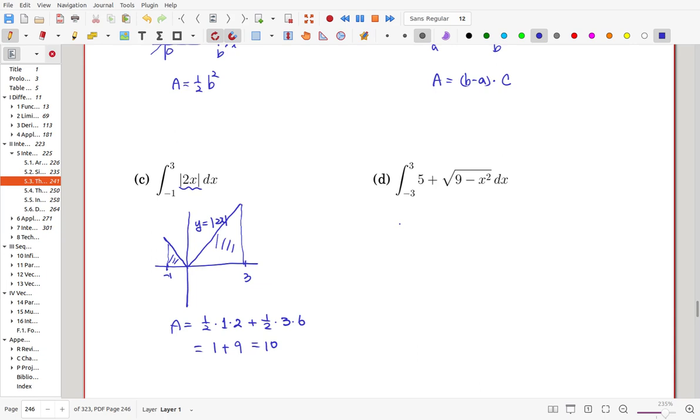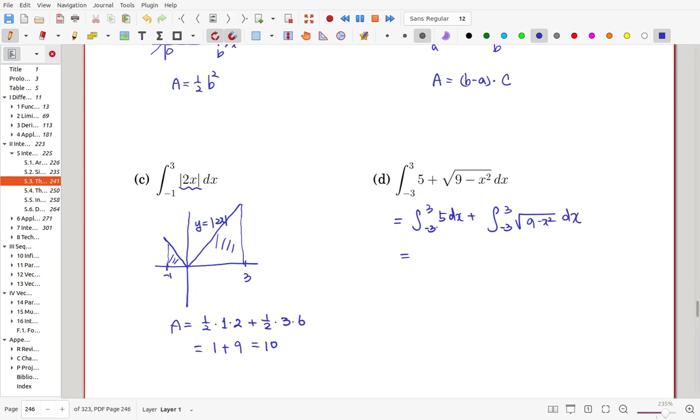Okay. For this one, we may try to use the property. The given term is the same as the integral from minus 3 to 3 of 5 dx plus the integral from minus 3 to 3 of the square root of 9 minus x squared dx.